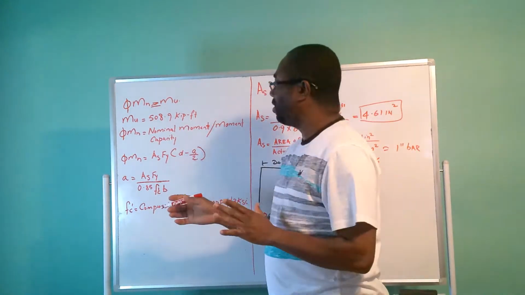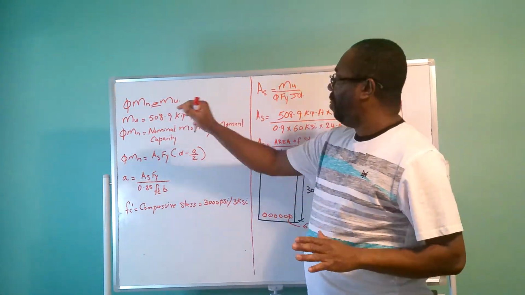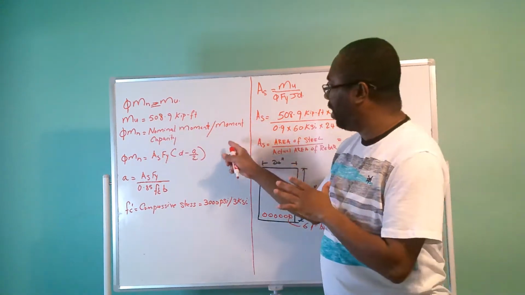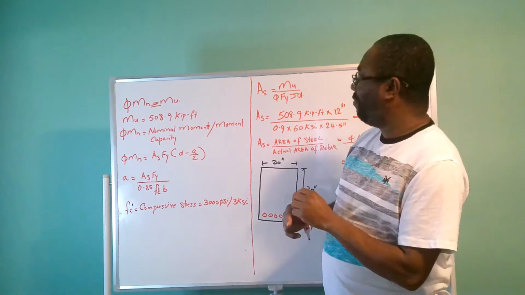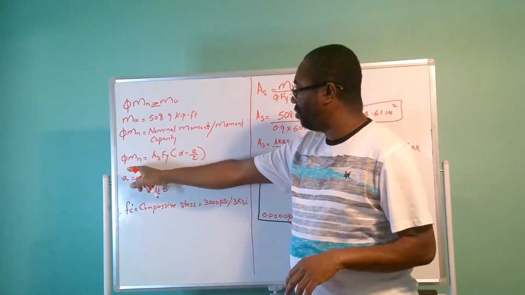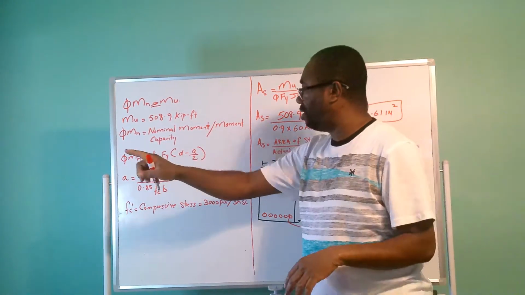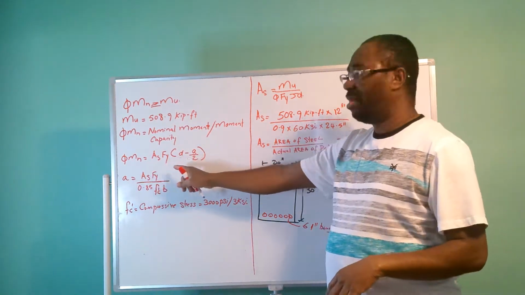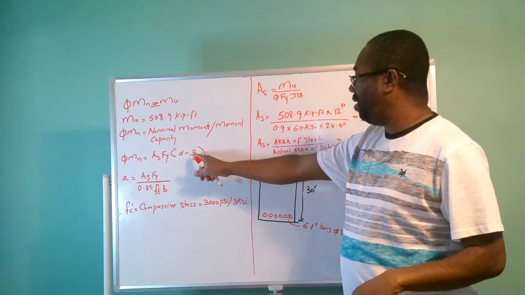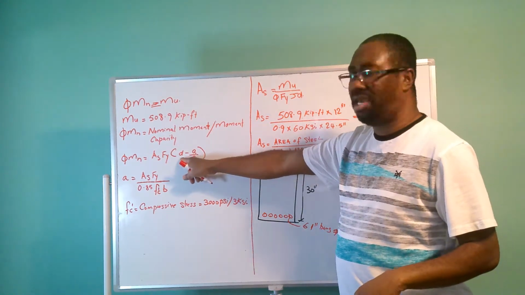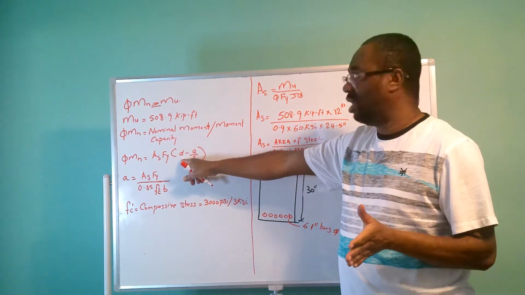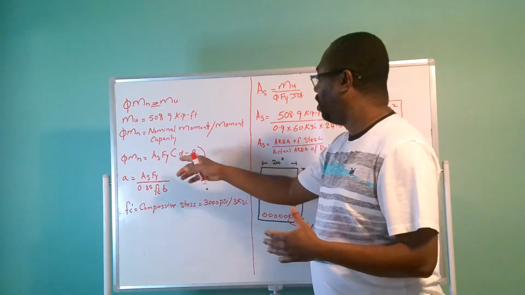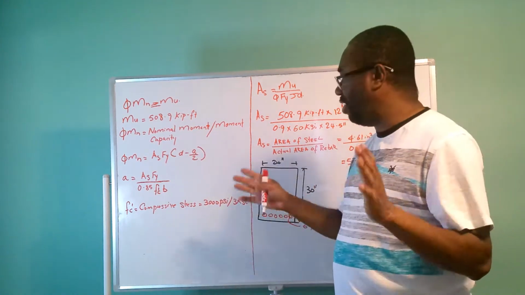The nominal moment, which is phi Mn, or moment capacity, is calculated with the formula: area of steel times the yield stress of steel times d minus a over 2. And this d we calculated last week as our effective depth to be 24.5 inches.